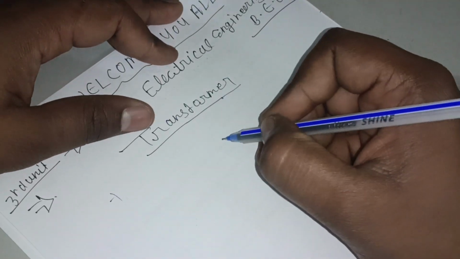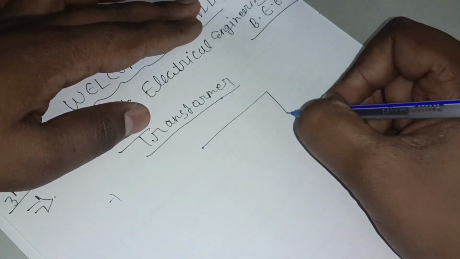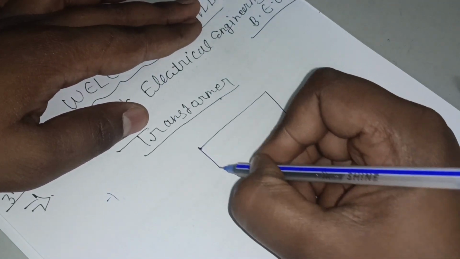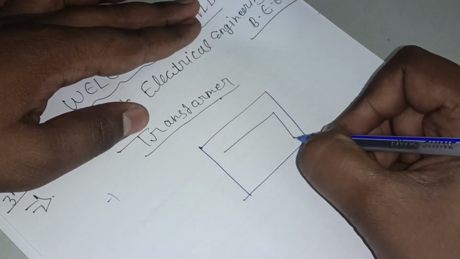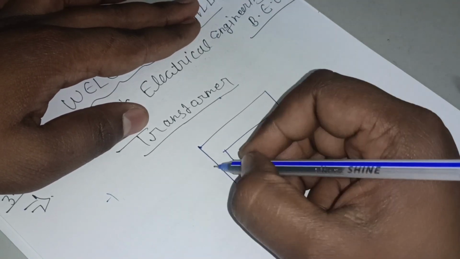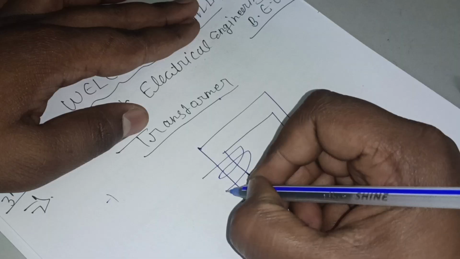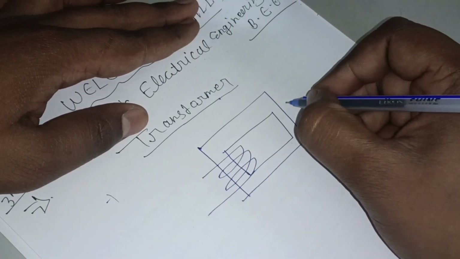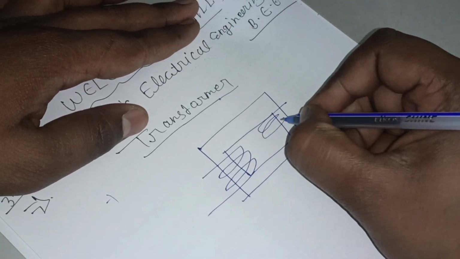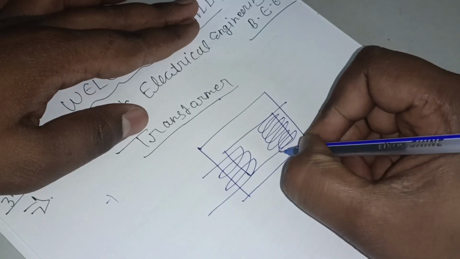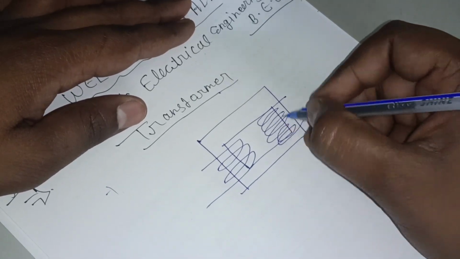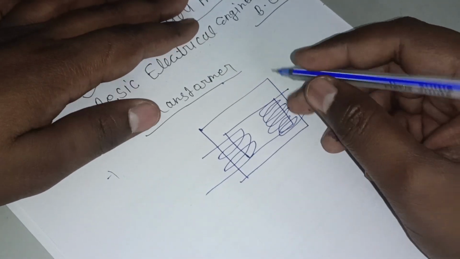The basic structure of a transformer is something like this. Sorry, the diagram came out a bit rough, but you may make it more accurately.